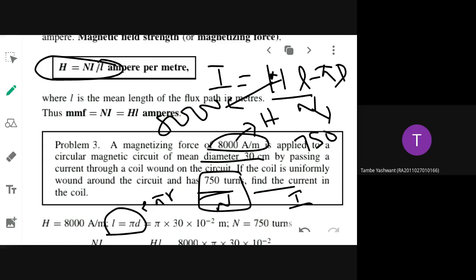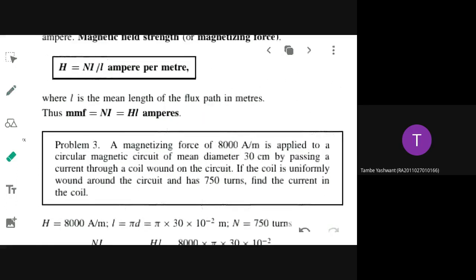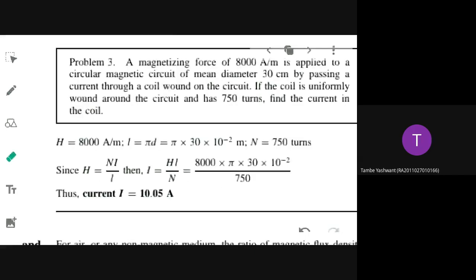Are all understanding how to solve? How are you getting 32,000? The answer is 10 ampere. I need to multiply with pi also. All got 10 ampere.